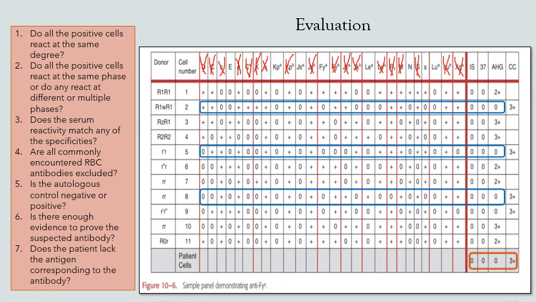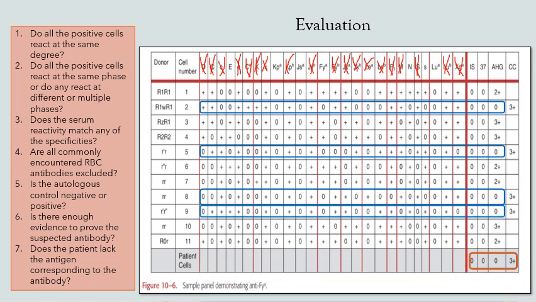Okay, done. So here, LEA. So LEA, we will exclude LEA. Next, done. Done. Lutheran B and XGA, done.